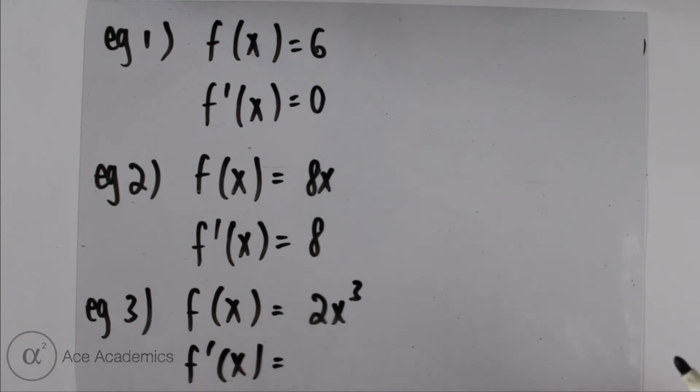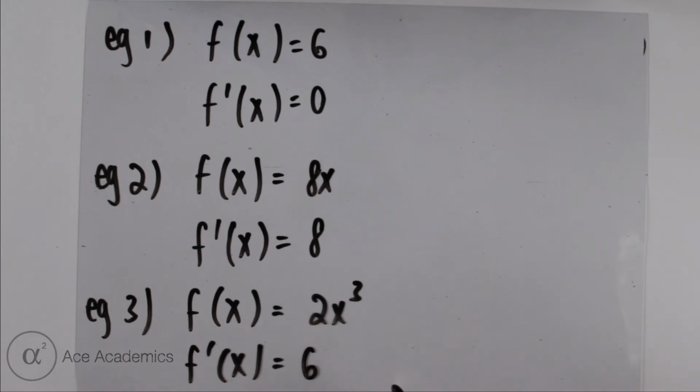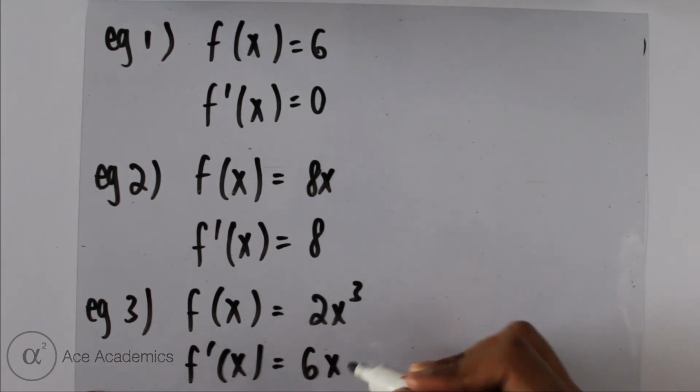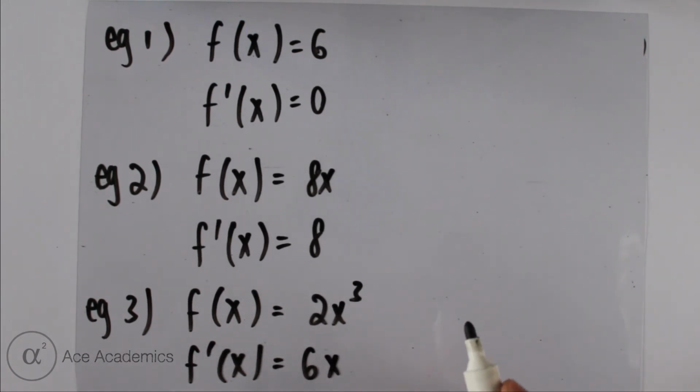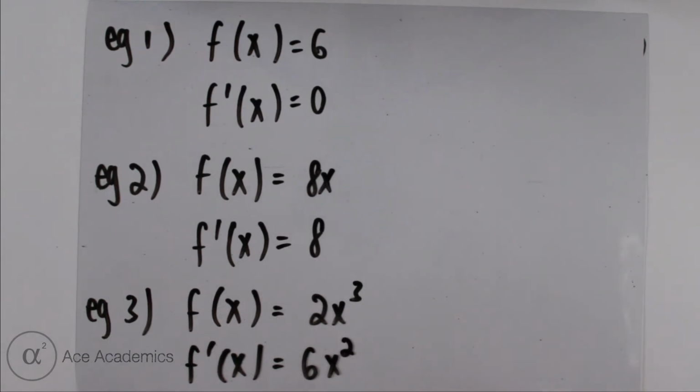So, example 3 is an example of the third rule of differentiation, the power rule. So, just to recap, we take the exponent and we multiply it by the coefficient. So, 3 times 2 is 6. And then we remove 1 from the exponent. So x to the power 3 becomes x to the power 2.